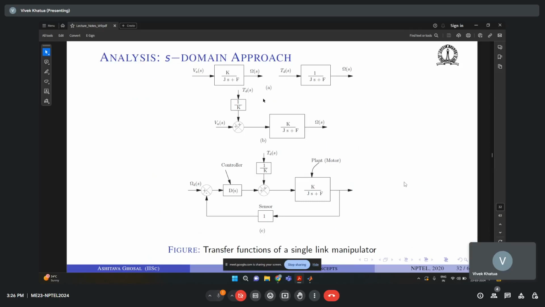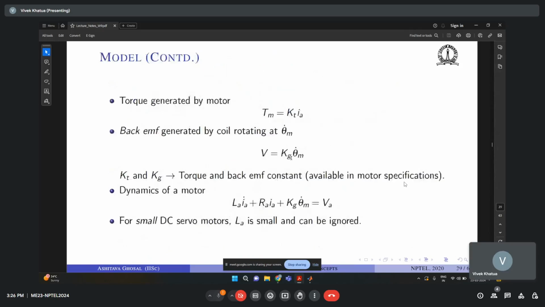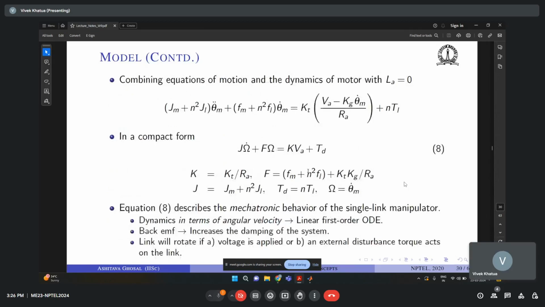So this TD is from your disturbances, right? So you can see where I missed. Yeah, this TD is basically your torque from the link, right? So if you take it as a force coupled system, you would say that the force that I'm applying on the link is the torque on the link. You can convert it that way, or there is some counter torque given by the link, because it's a mechanical component.